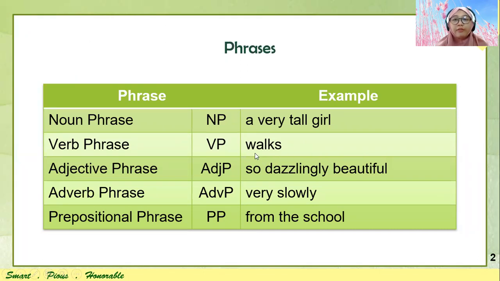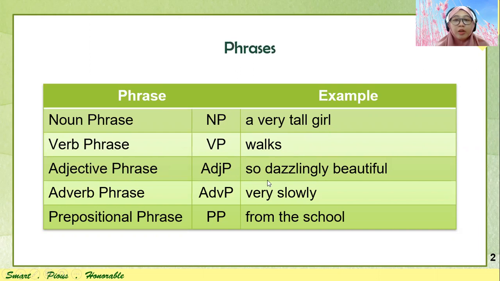So as I have said, a phrase can consist of only one word or more than one word. And the next one is adjective phrase. This is the abbreviation ADJP. Please remember to write the P in capital letter. Ya, jangan lupa ini harus dikapitalisasi P-nya.